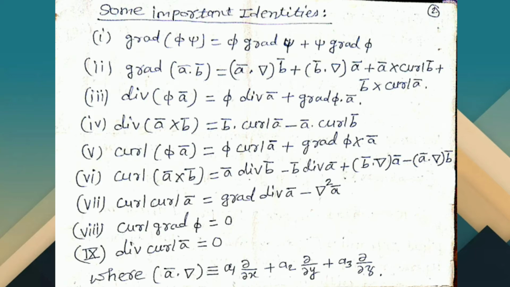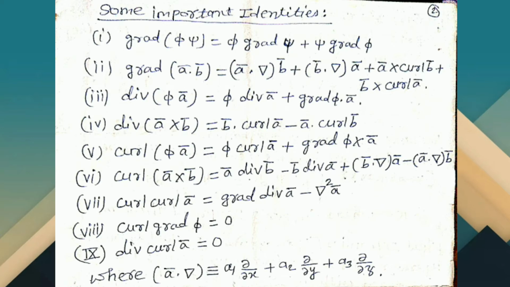Number six, curl of vector a bar cross vector b bar can be written as vector a bar divergence of vector b bar minus vector b bar divergence of vector a bar plus, in bracket, vector b bar dot del, bracket close, a bar minus a bar dot del, bracket close, b bar. Number seven, curl of curl a bar is equal to gradient of divergence a bar minus del square a bar.